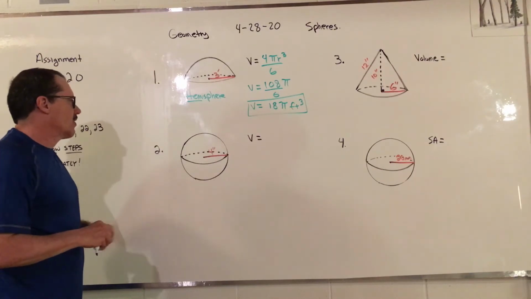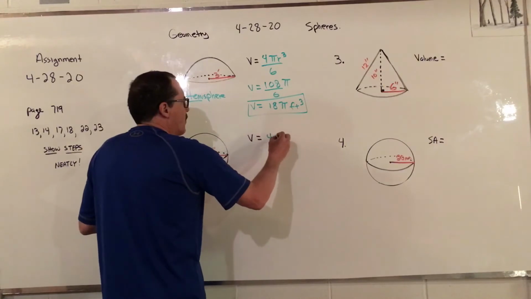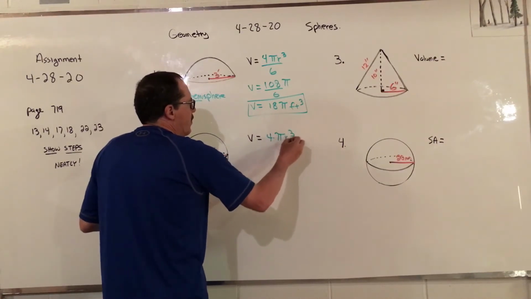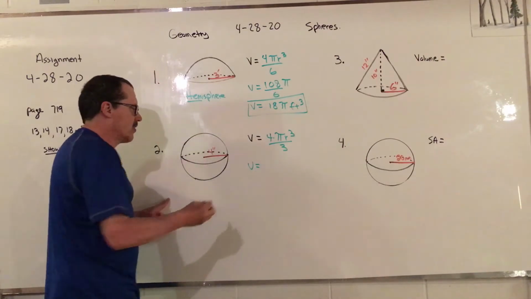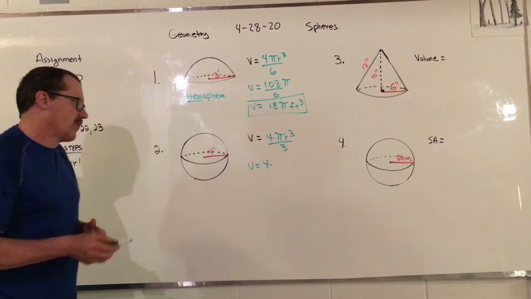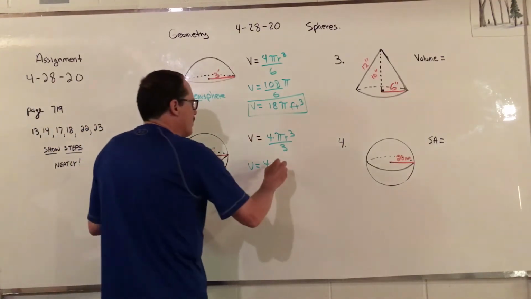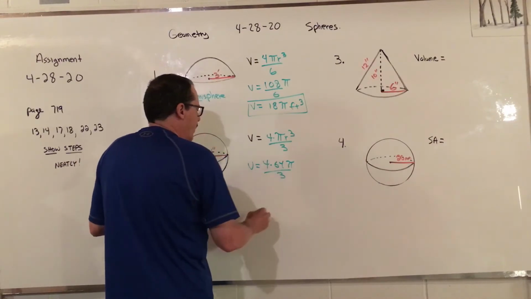Okay, so let's look at review again. The volume of a sphere is 4 times pi r cubed divided by 3. Just get that memorized and make it easier for you. So 4 to the third would be 4 times 4 times 4, which is 64. And then I bring my pi in, all divided by 3.